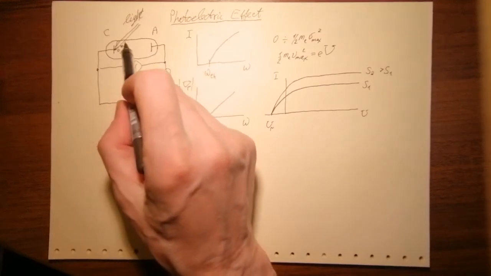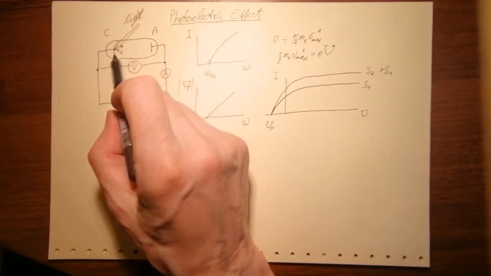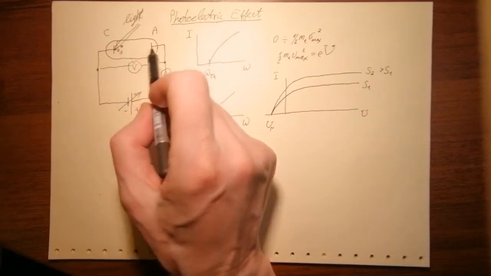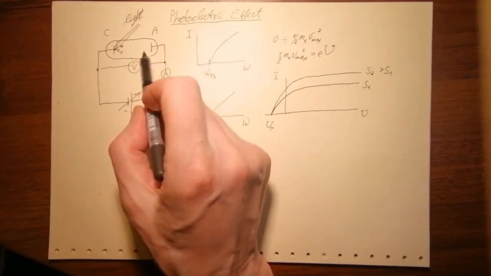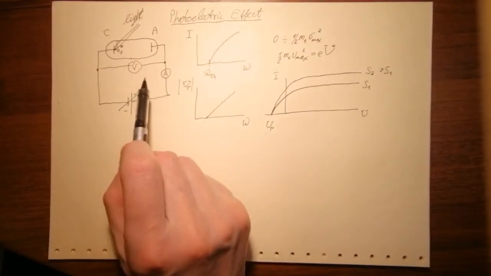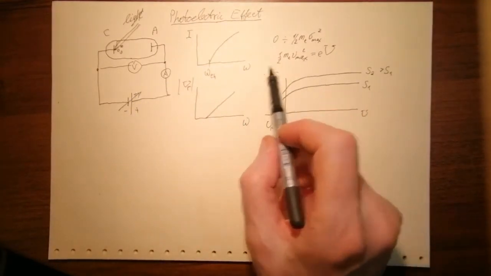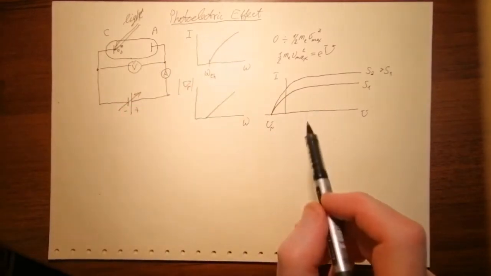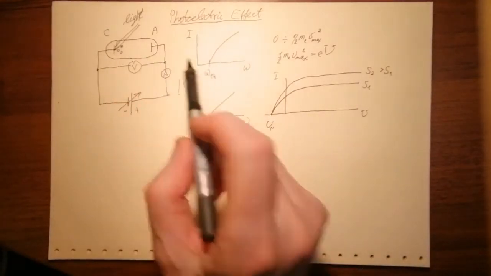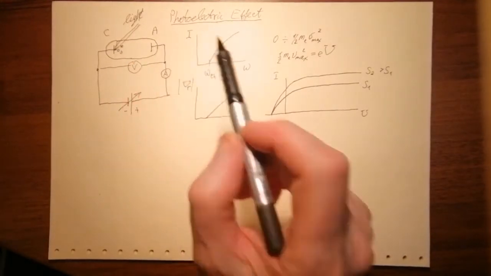If all the electrons knocked out from the surface reach the anode, there is no way to increase current. If this voltage is small, then not all the electrons reach the anode. Some of them may be lost on the way.